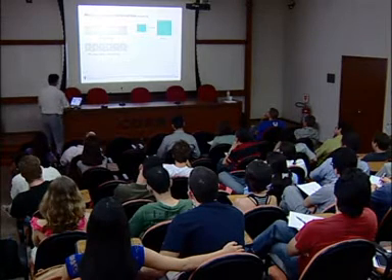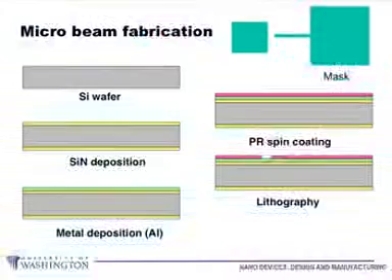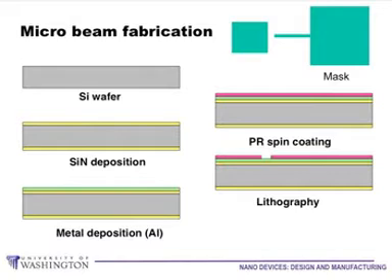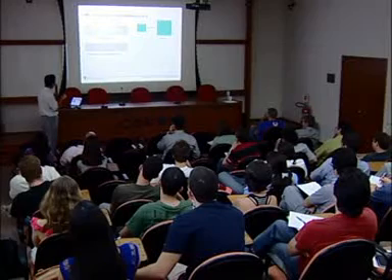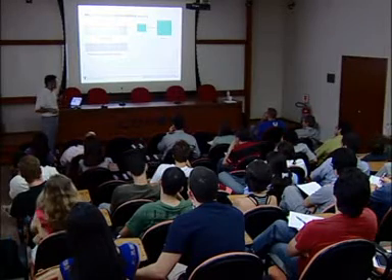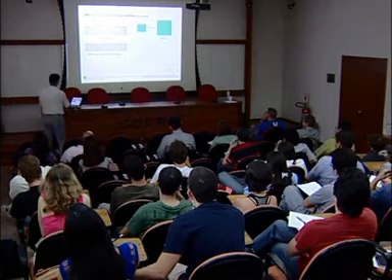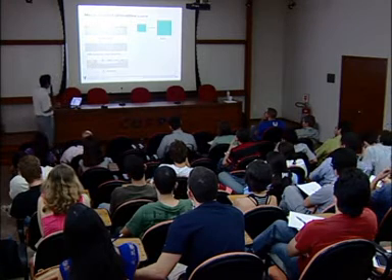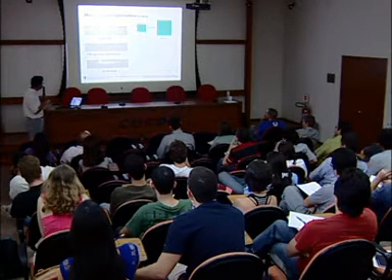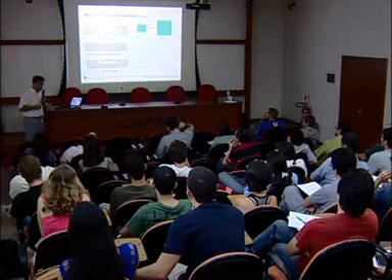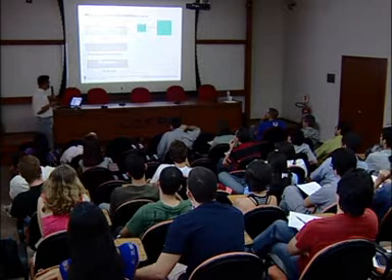Then again, the aluminum can be used to protect the silicon nitride, and then this silicon nitride layer will be etched out by a gas phase etching method. Then finally, we will use an isotropic etching method to etch out the silicon.